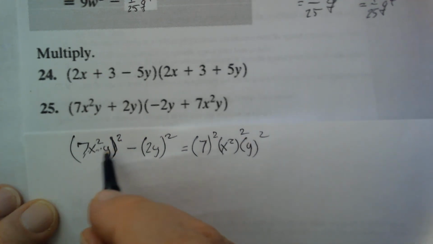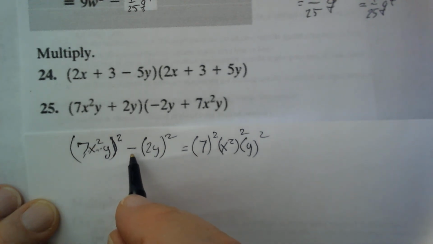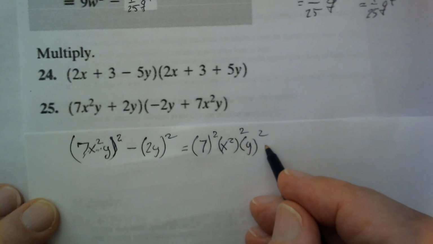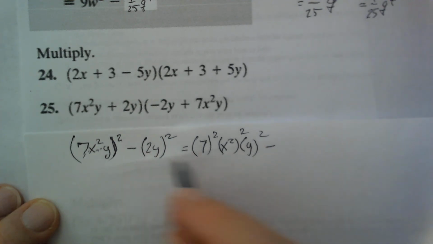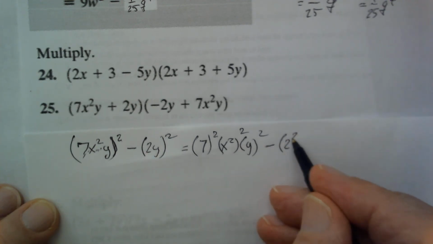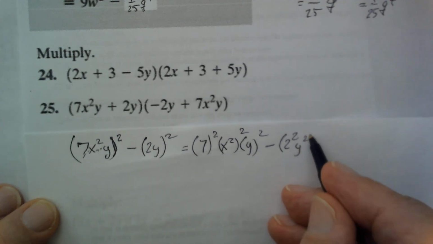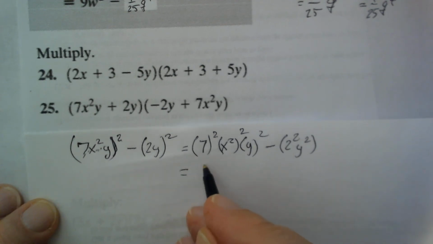And then minus 2y squared. Minus, we raise 2 to the second power, 2 squared, and we raise y to the second power, so y squared.